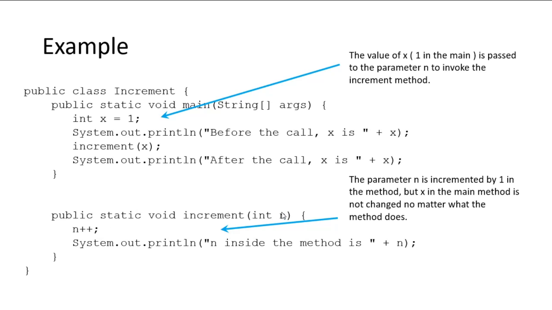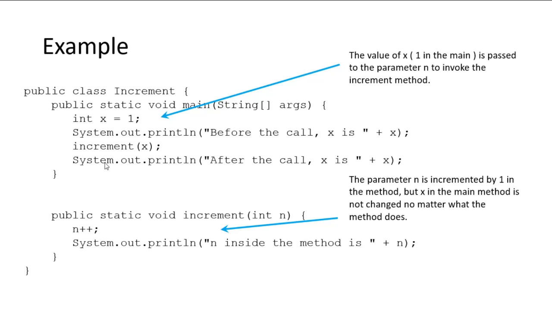So for example, if n is 5 at this point, after the increase, n will be equal to 6. Then inside the function, this message will be printed on screen with the new value of n. So n inside the method is, say, 6.